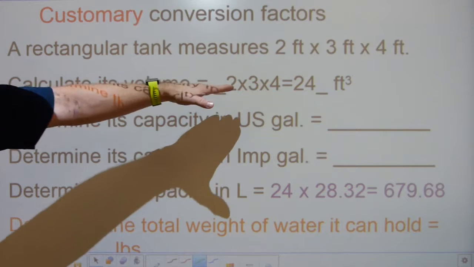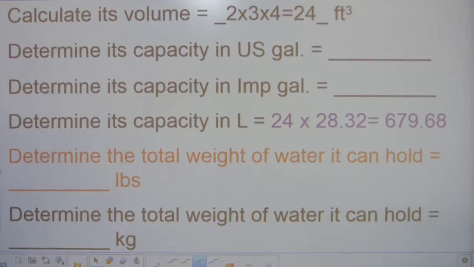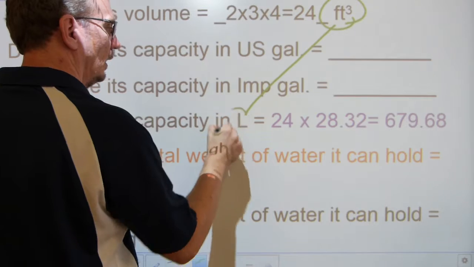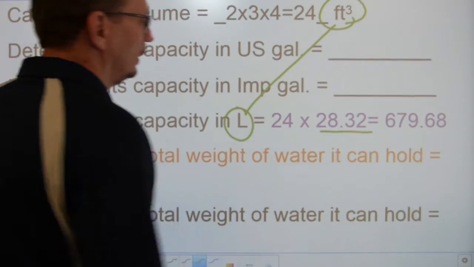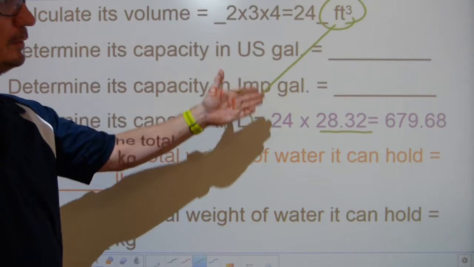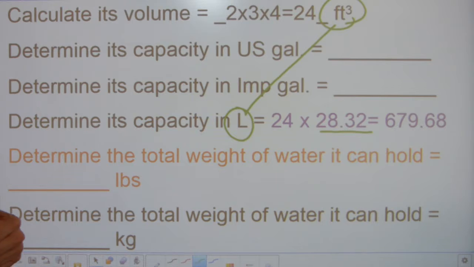So the first calculation, 2 times 3 times 4, is just 24 cubic feet. That's very straightforward. What do you do with cubic feet? Cubic feet can be converted to liters because you have a conversion factor that ties cubic feet and liters together, and our conversion factor is 28.32. 28.32 will be multiplied by the original quantity, 24, because that's the original sense of the conversion factor.